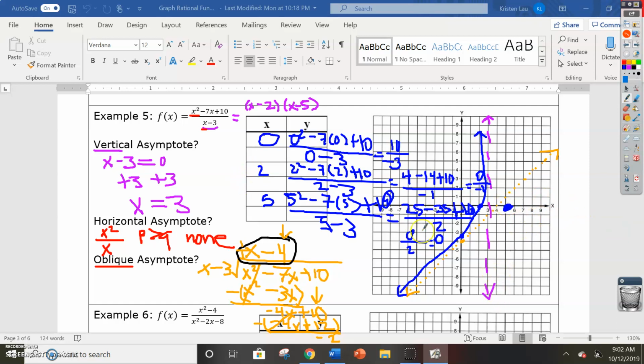And then I'm going to pick one more point on this side, and so I'm just going to pick 9, and I'll just do it up here because I'm running out of space. So if x is 9, y is going to be 9 squared minus 7 times 9 plus 10 all over 9 minus 3. So 9 squared is 81. Negative 7 times 9 is 63.